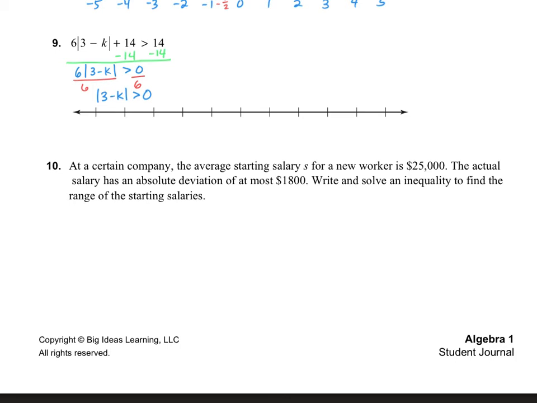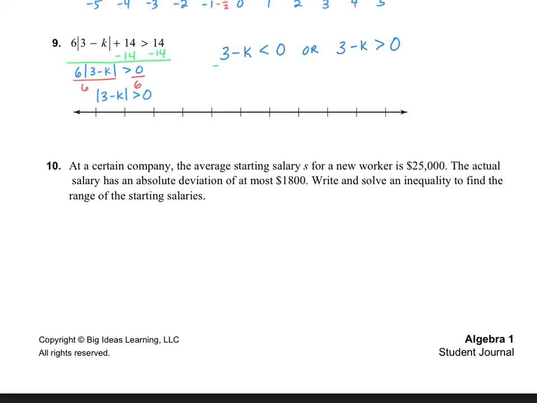So when we split it, we're going to get that what's inside the absolute value is less than the negative 0. So there is no such thing as -0. 0 is neither positive nor negative. So it stays as 0. And then we say or 3 minus k is greater than the positive 0, which again, it doesn't make sense to say that. Okay, so now we're ready to solve for this.